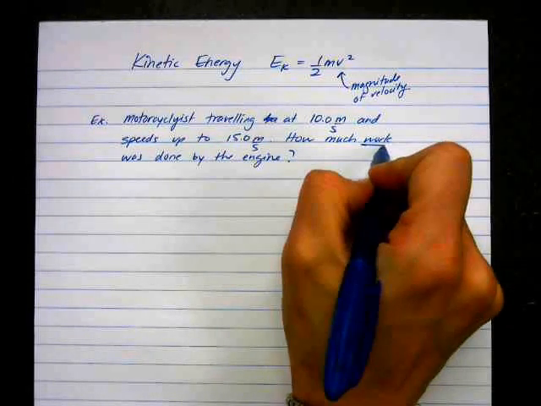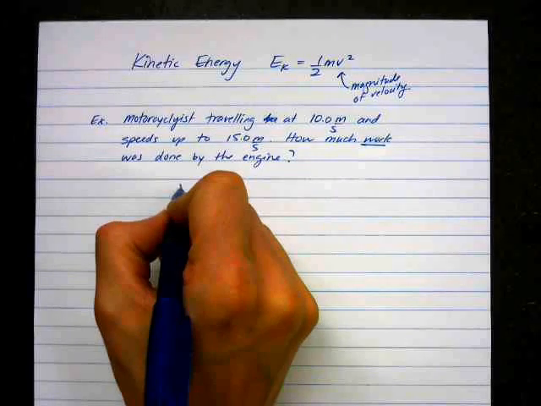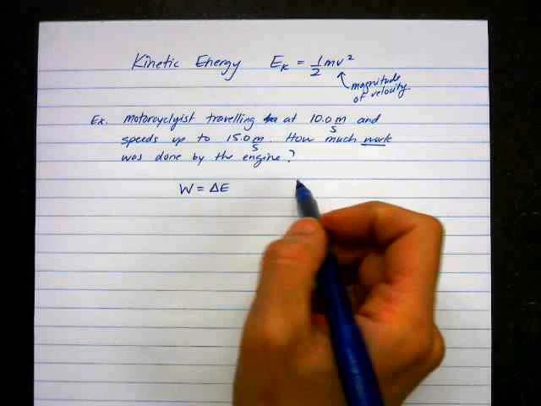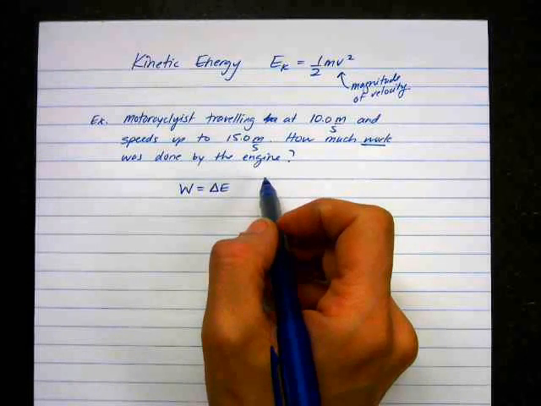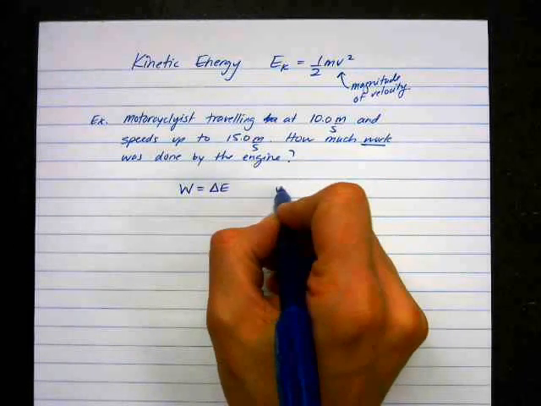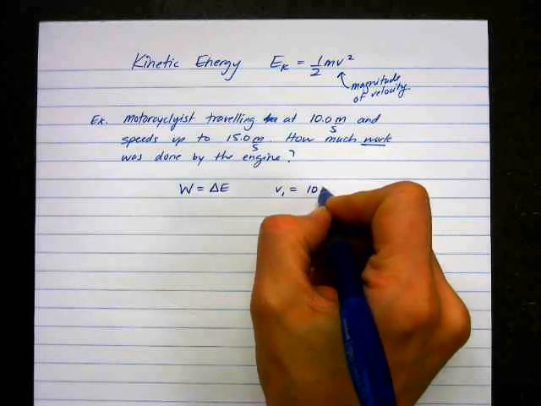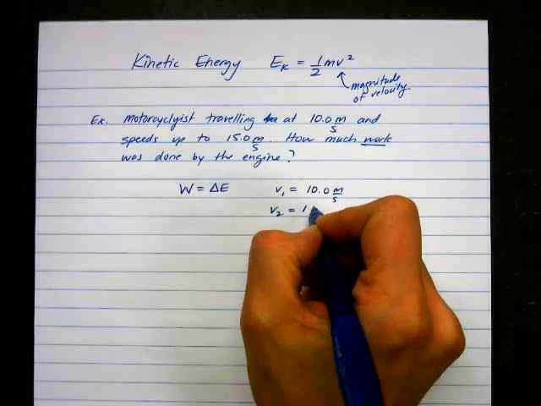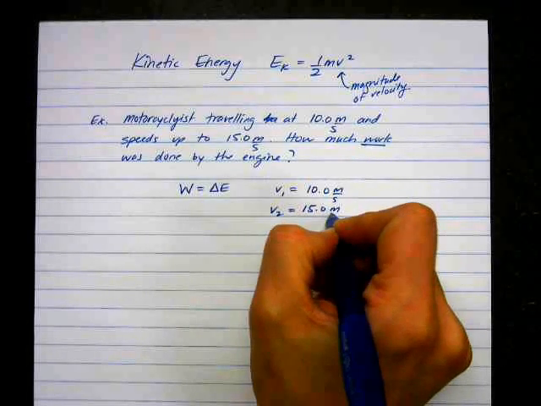Okay, so when we see work, we need to remember work is equal to change in energy. And in this case, this motorcyclist is speeding up. So V1 is equal to 10 meters per second, and V2 is equal to 15 meters per second.